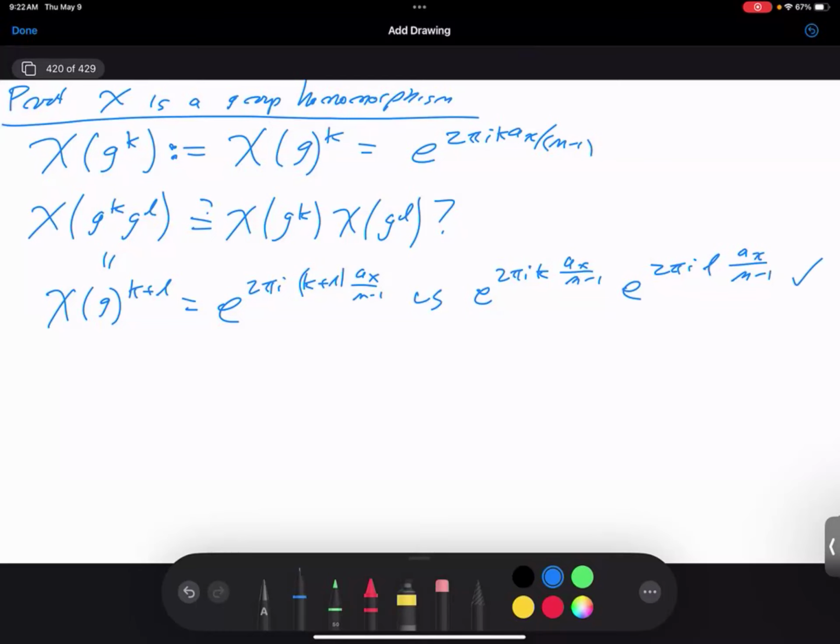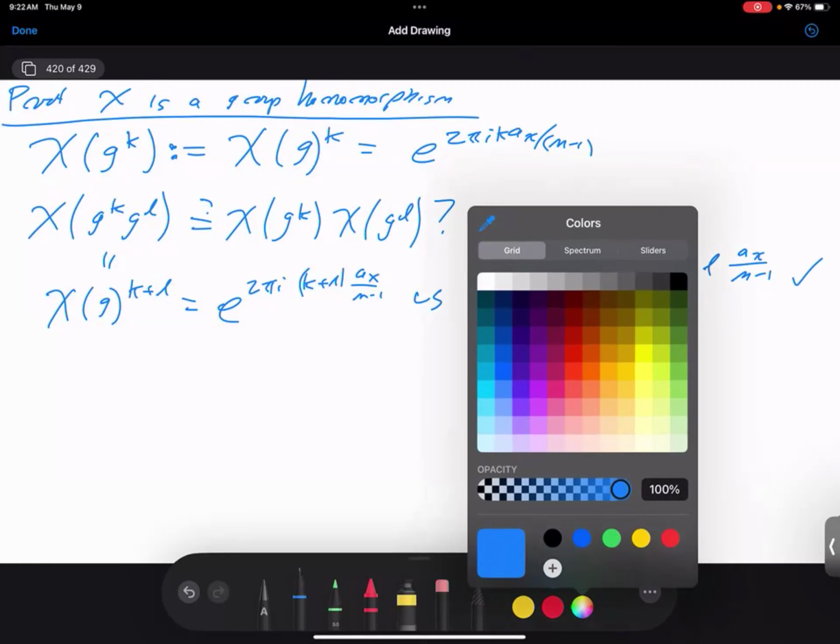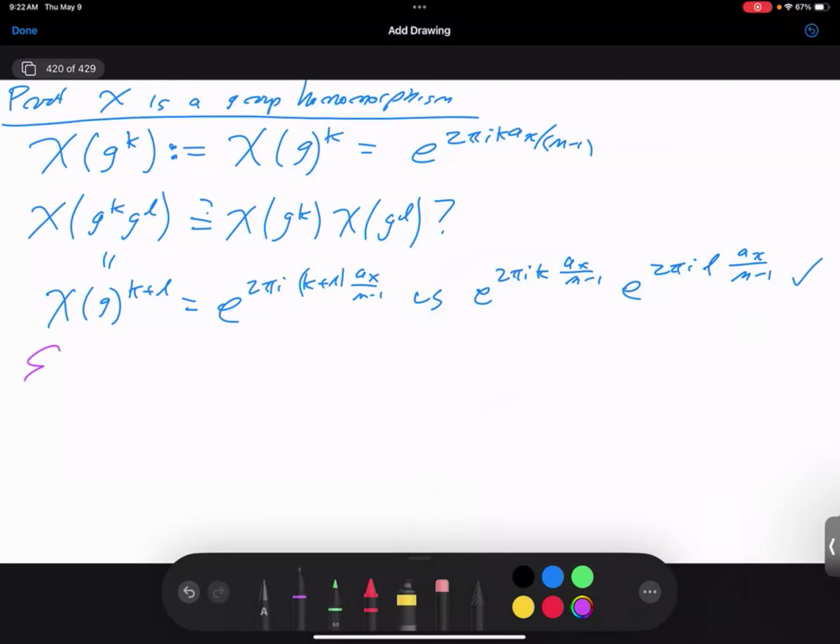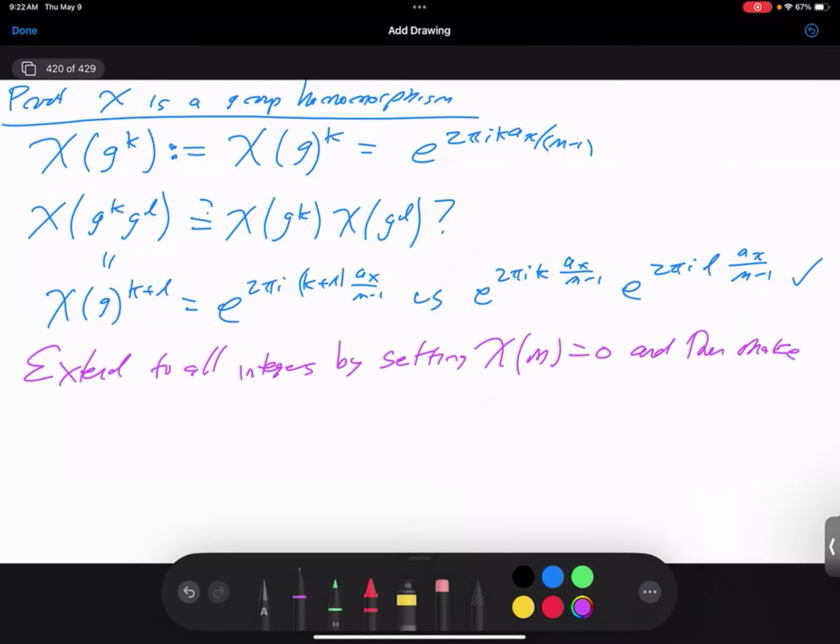So now what we do is we extend to all integers by setting chi of m equal to 0 and then make it periodic with period m.